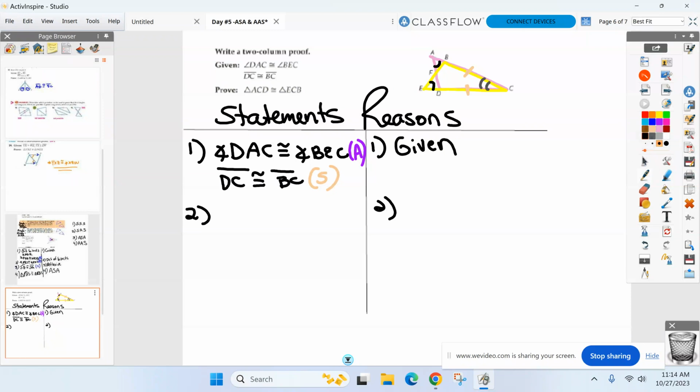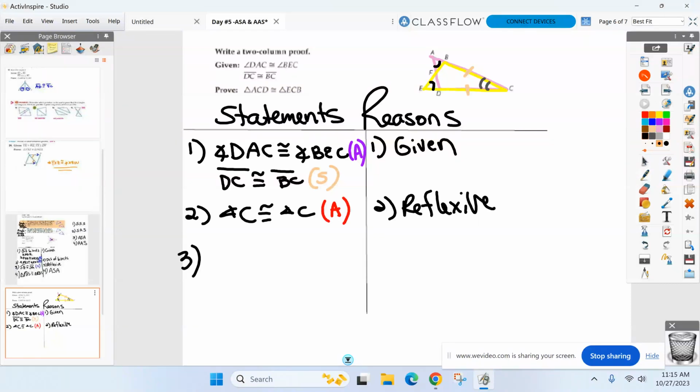So yes, we can also use reflexive for angles. That gives me an A. So it looks like I'm good.